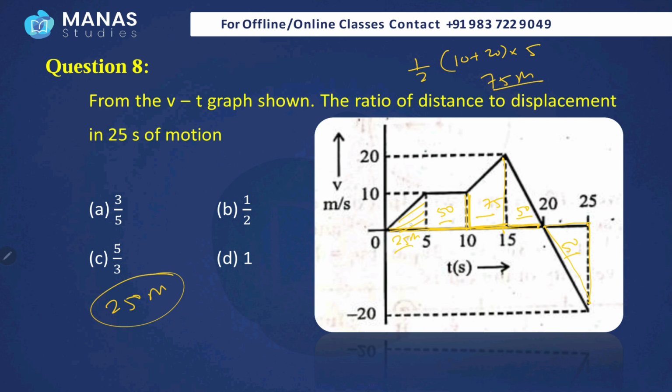Till the time velocity becomes 0, the object is moving in the same direction. So in the first part, the distance covered is 200 meters. But in the next part, the direction is changing because velocity is becoming negative. So 250 minus 50 is coming 150. So initially distance was 250 and the displacement is 150.